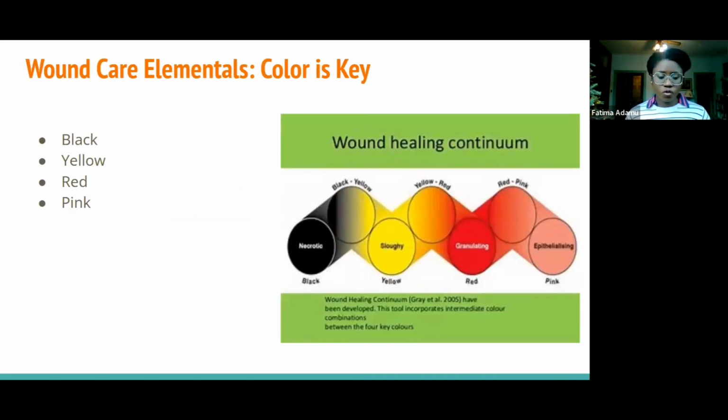So it's helpful to do an assessment of the area. Is it very tender, right? How tender is it to touch around the wound? Do you smell anything? And is the area warm?